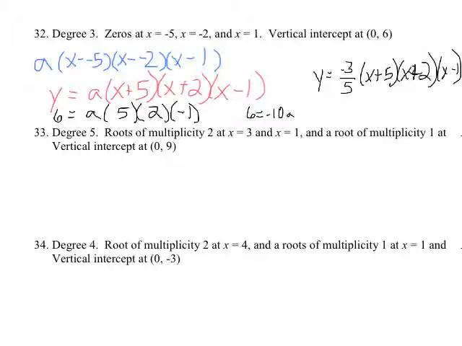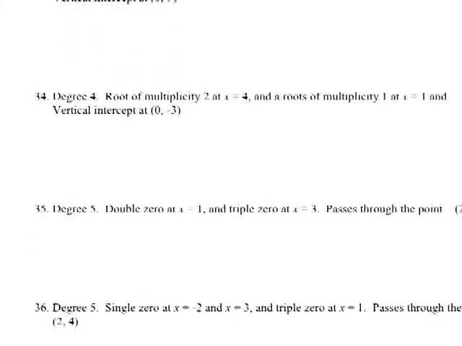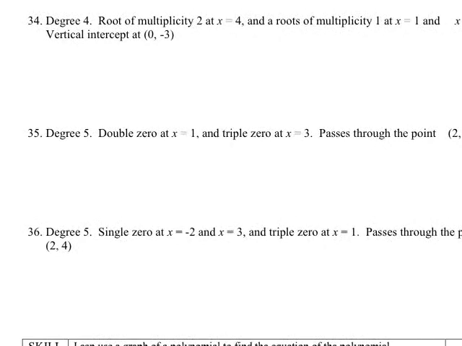Sometimes you get a case where you have what's called a multiplicity, which means the function has 2 roots at the exact same spot. So here our degree 4 says we have a root of multiplicity 2 at x equals 4, which means, well, first of all, it's degree 4, so we're going to write 4 parenthesis sets, and our a in the front.